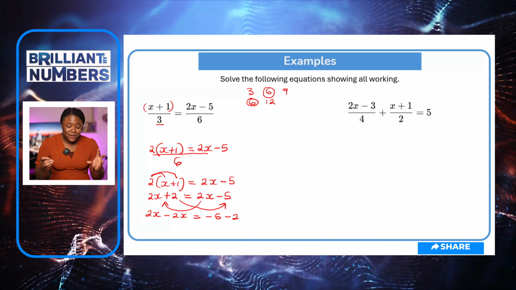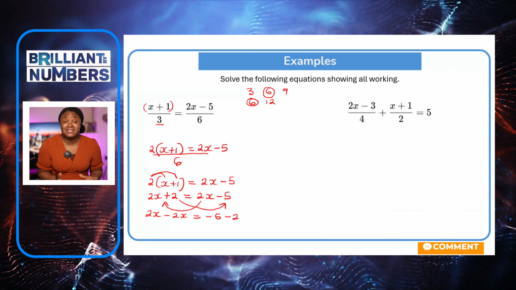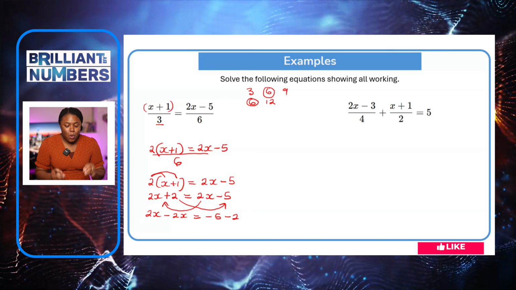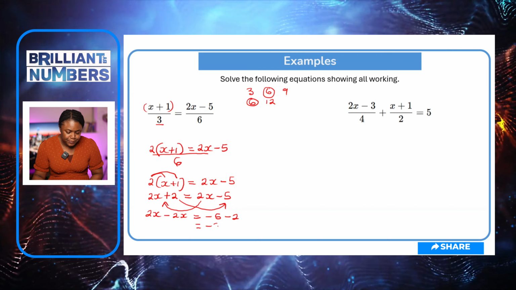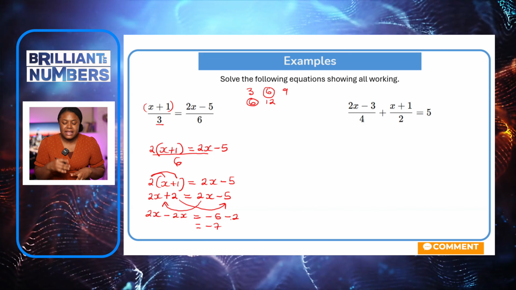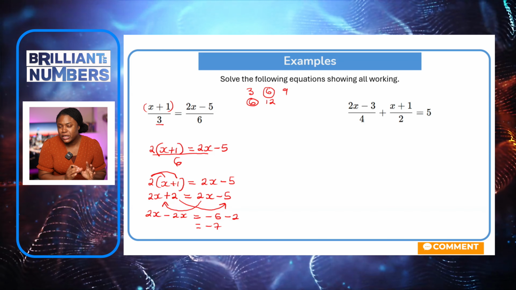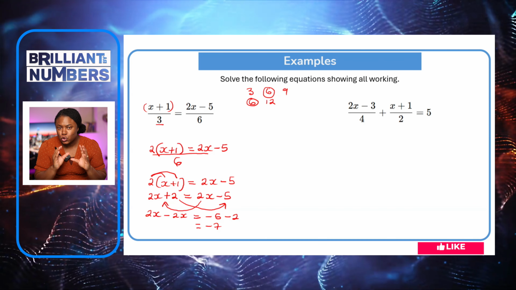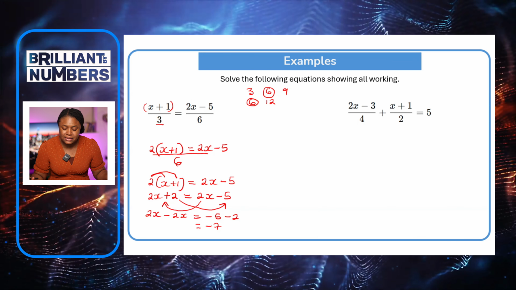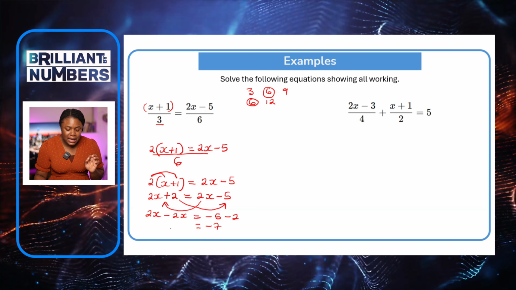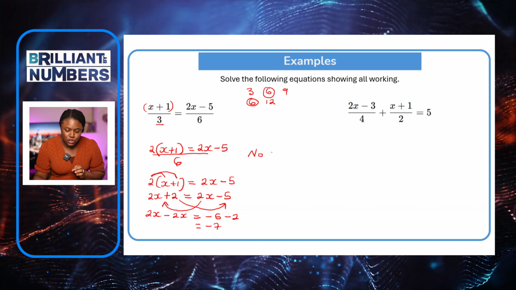So guys, we cannot have a variable term that cancels out to 0. This would have been minus 7 here. When this happens, it means that this equation has no solutions, because the variable term cancels out all the way to 0. So this equation has no solutions.